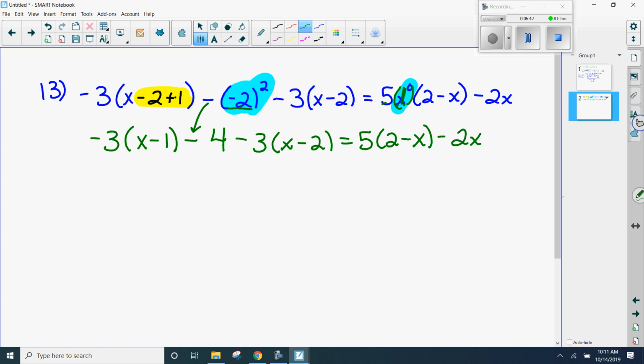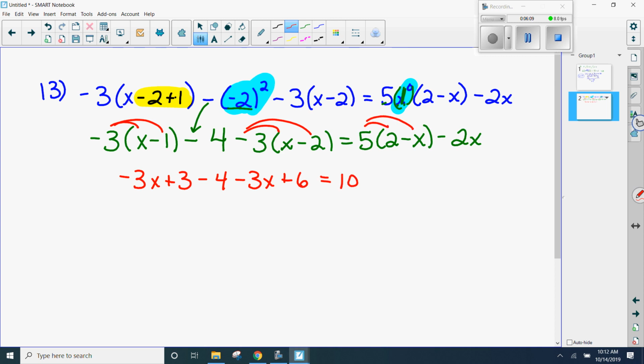Question up to that step? No. What's the next thing? Distributive property. So if you distribute, you get -3x plus 3 minus 4. Now you're going to distribute -3 again to give you -3x plus 6 equals, distribute the 5 to give you 10 minus 5x minus 2x.